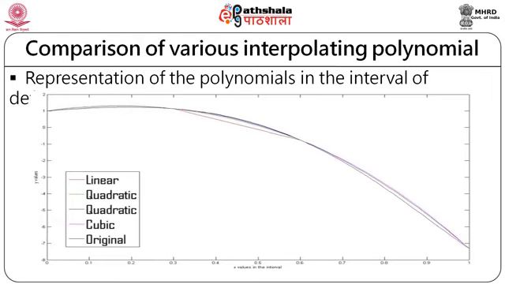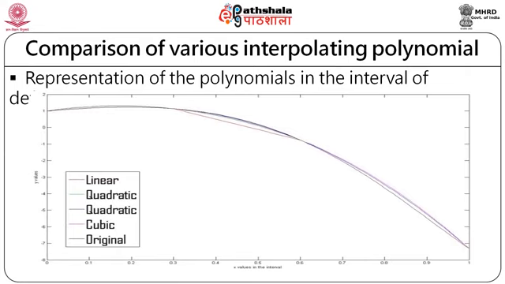Now, if you compare various polynomials here, we can see that this is the linear polynomial on this interval, then there is a quadratic polynomial, the green one, then another quadratic polynomial, the blue one, and then a cubic polynomial, and this is the original curve.